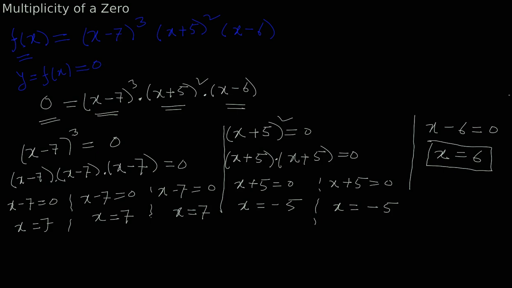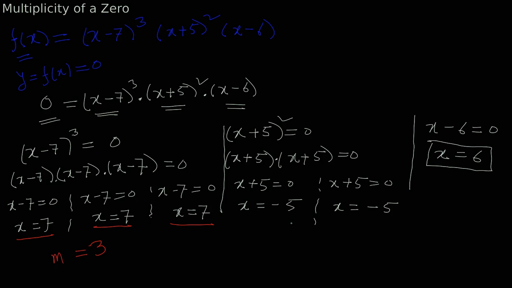Now here is the interesting fact. How many times did I get x equals 7? 1, 2, 3. So I got x equals 7 three times. I'm going to express it using a symbol m, where m means multiplicity.